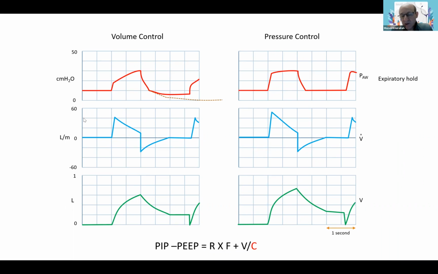It depends. There's no preference of one over the other. You need to understand the consequences of each mode with air leak. So if you understand that here you're losing volume, you need to use larger volume in order to ventilate the patient.